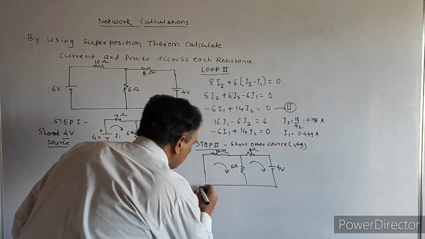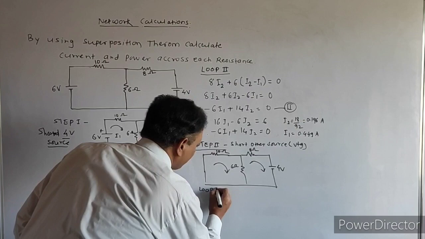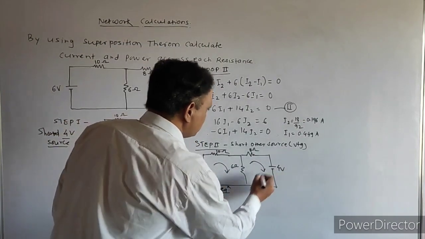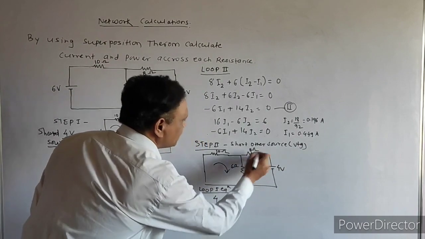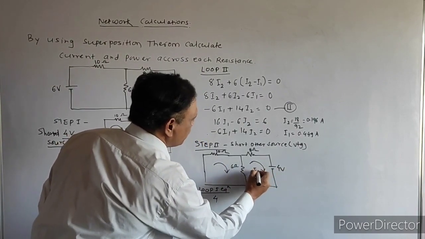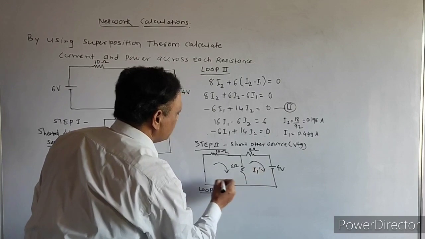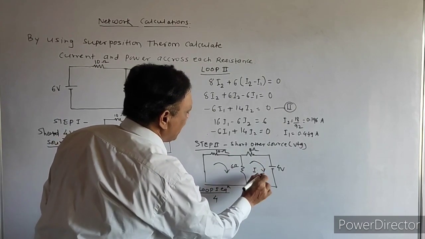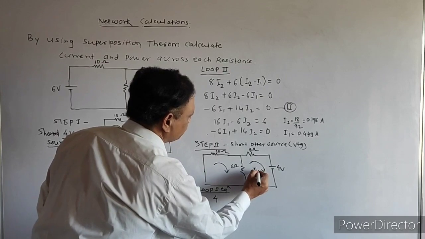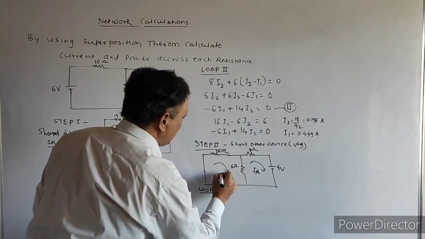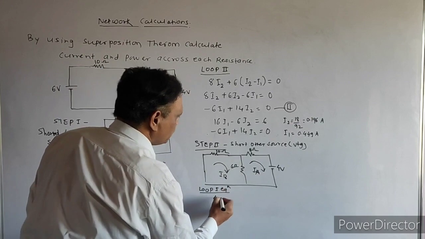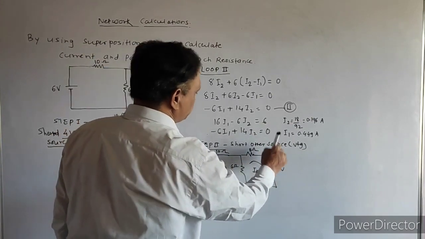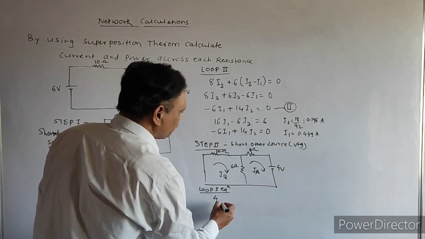So we'll consider the loop 1 equation, and that is plus 4 volt as the current is entering. Let us say this is IA and this is IB. As the current is entering from the positive side, this is plus 4.